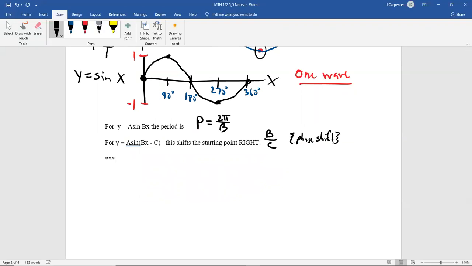Just an asterisk, if it was a sine of bx plus c, it would shift left instead. Alternatively, you can set the inside equal to 0 to find the shift.